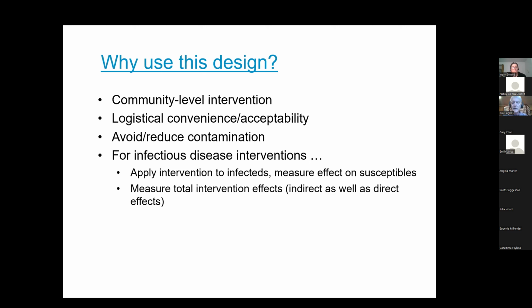A good example of this, and again my background is in HIV, is giving antiretroviral drugs to HIV positive people to suppress their viral load, which then reduces their risk or can eliminate the risk of transmission to susceptible people. So there have been community randomized trials where the intervention is testing and giving antiretrovirals to positive people and measuring incidence in the HIV negative people.